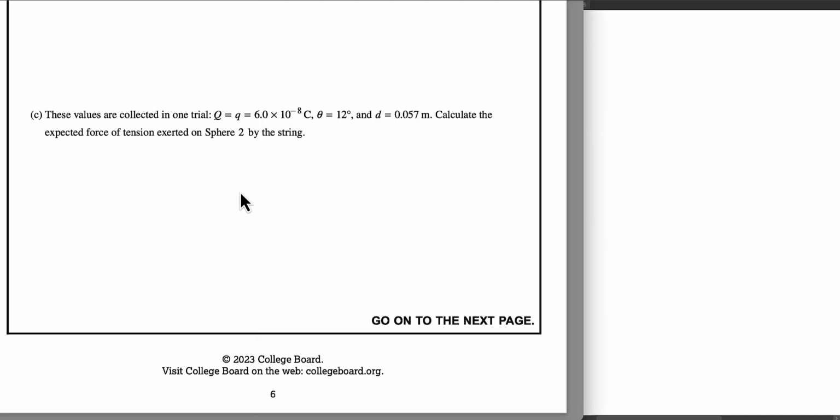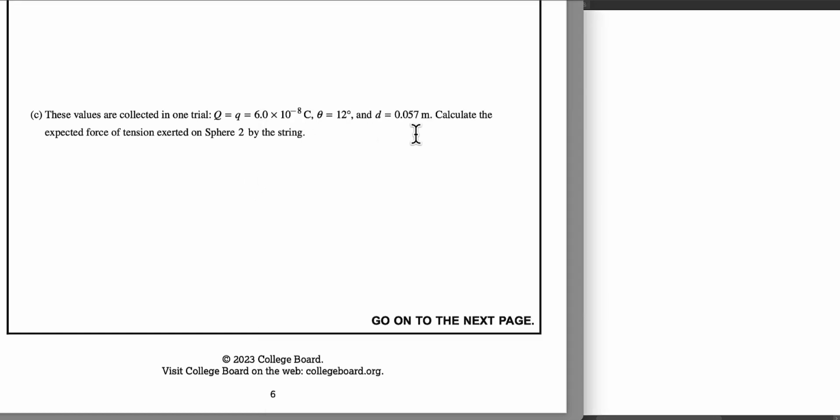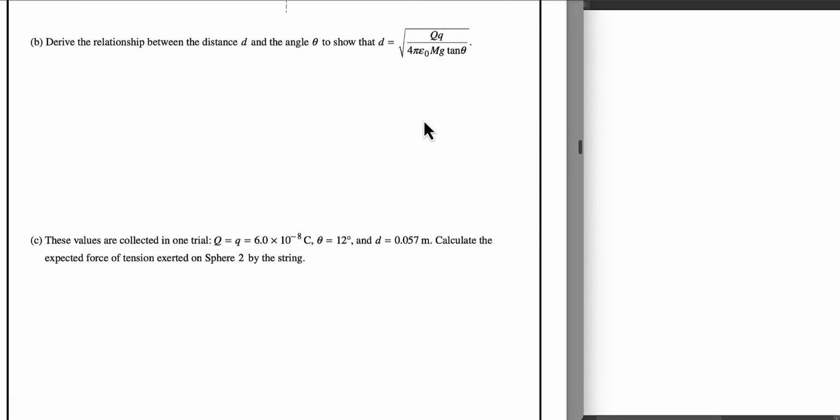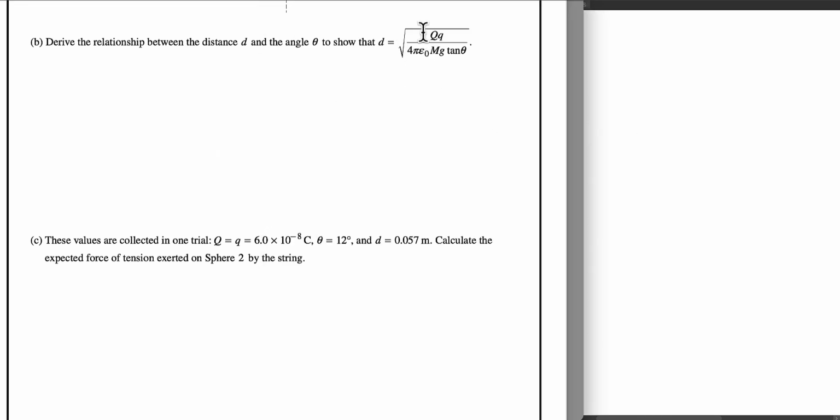But we don't actually know the mass m, right? We don't actually know this m here. So we need to use question B's result here to get the mg expression in terms of d, theta, and qq, and then we can plug in here. Okay, so let's first get the mg from this equation.